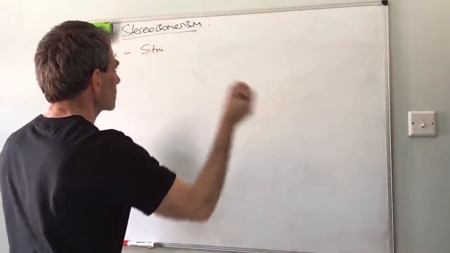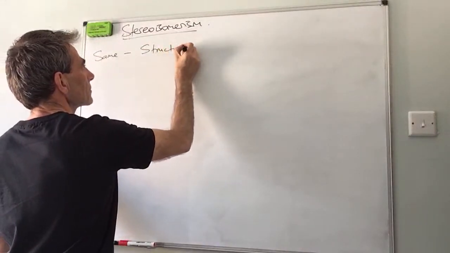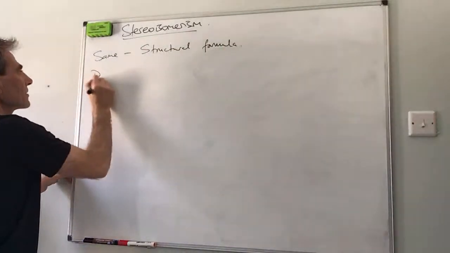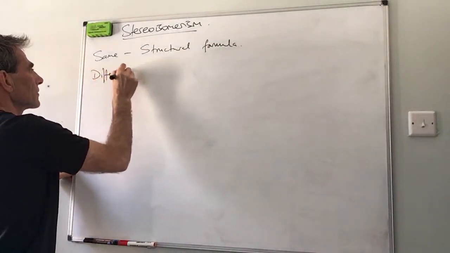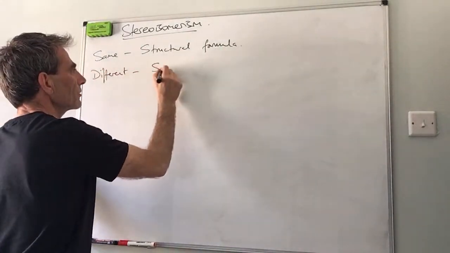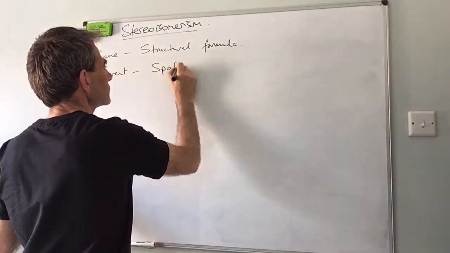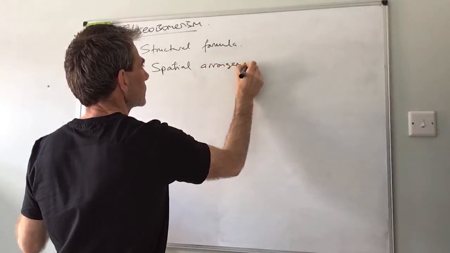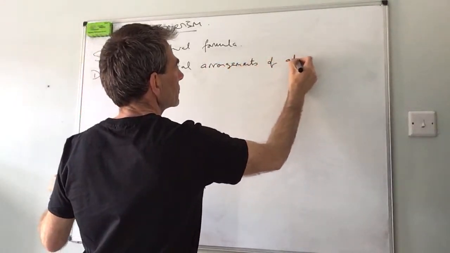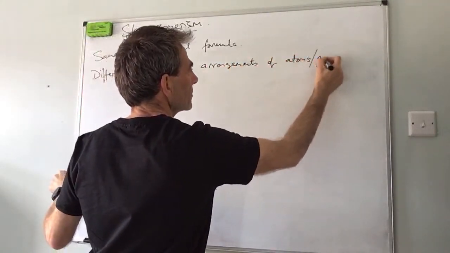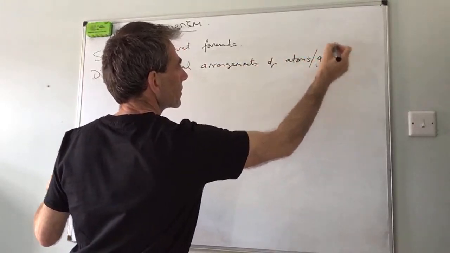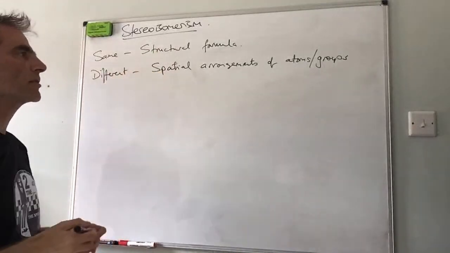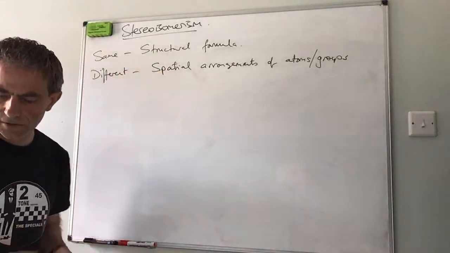Remember that was different last time. What's different? The spatial arrangements of the atoms, or it could be groups of atoms. So we've got the same structural formula, but different spatial arrangements of atoms or groups.